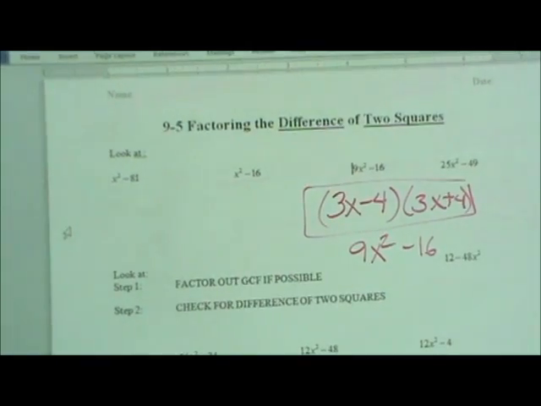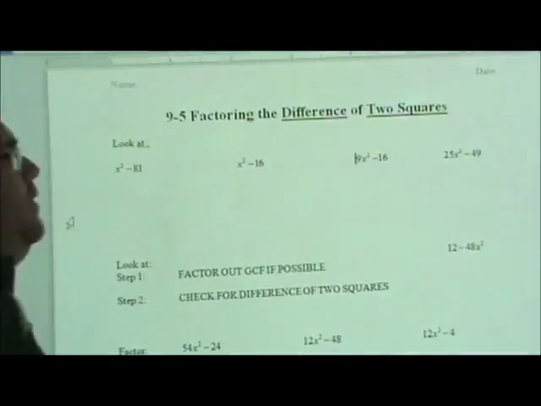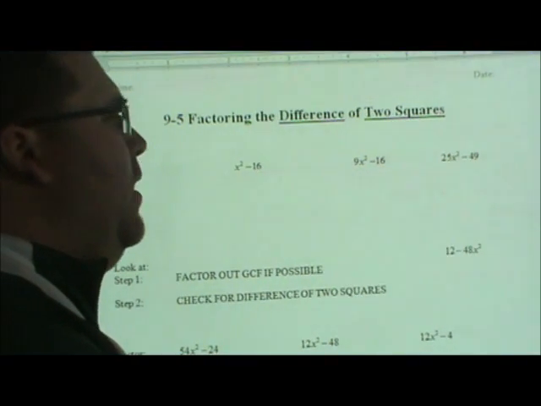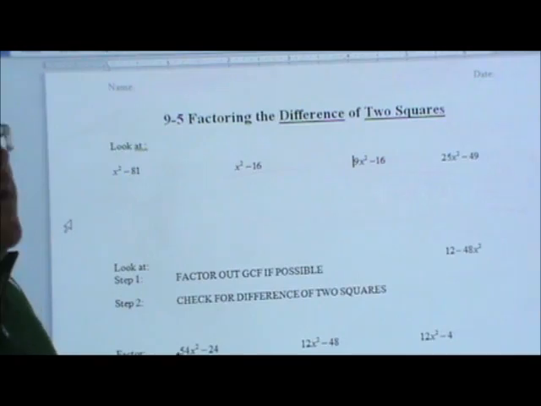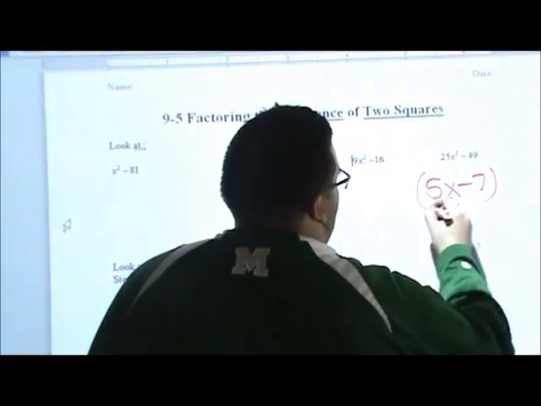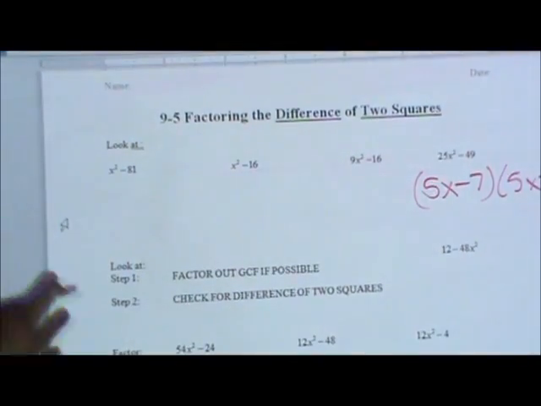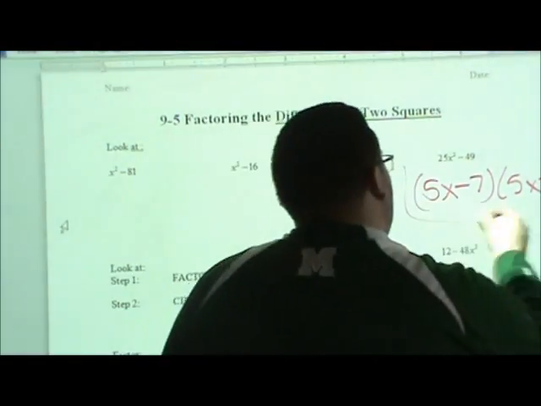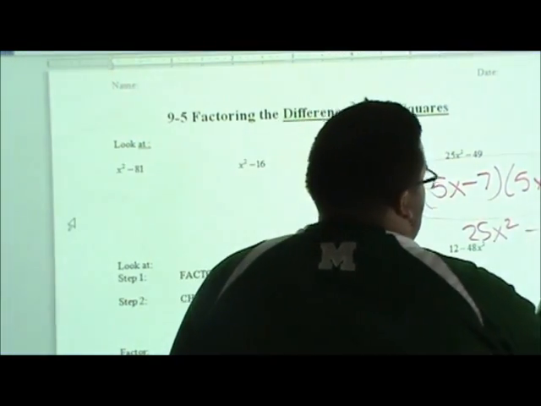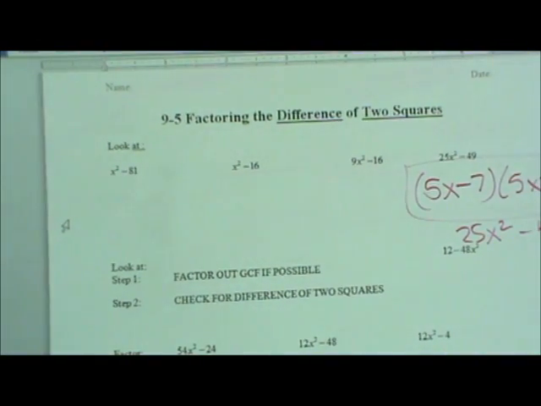On the last one, well, we look again, and sure enough, we've got 5x is the square root of 25x squared, 7 is the square root of 49, so we've got 5x minus 7, 5x plus 7. Check it. I'm going to shortcut method it here. We shortcut 25x squared minus 49. If you're not a shortcutter, FOIL that thing out and you'll find those answers.